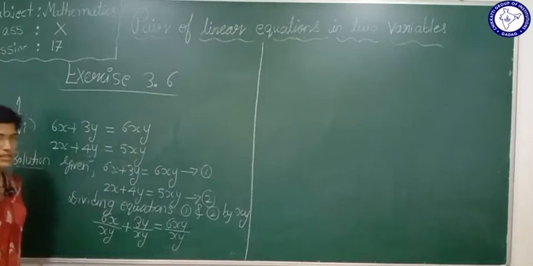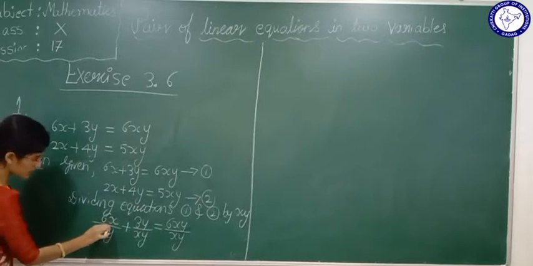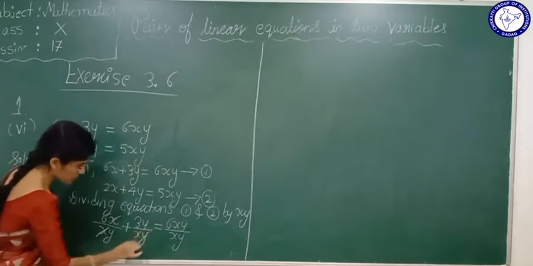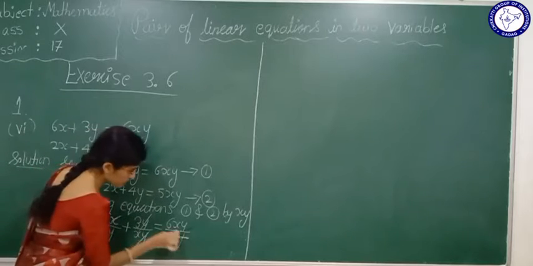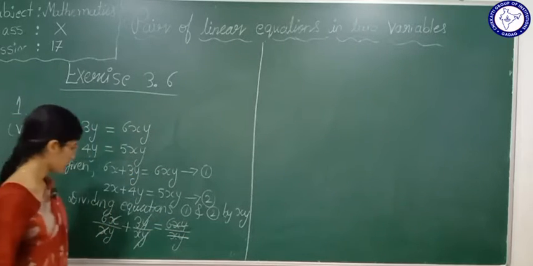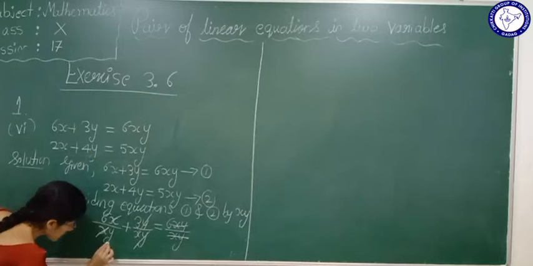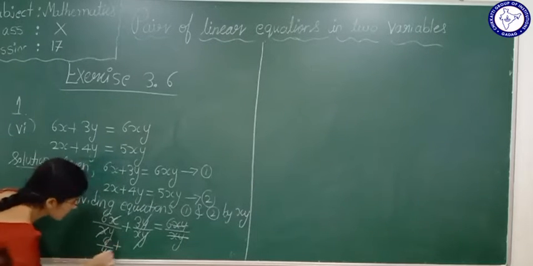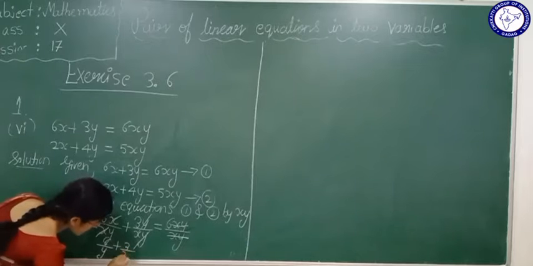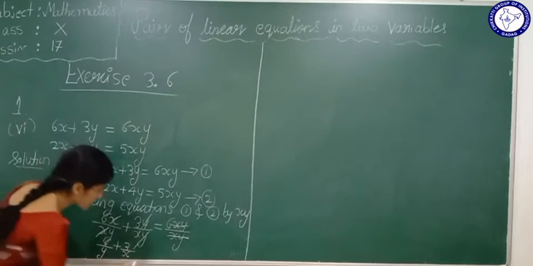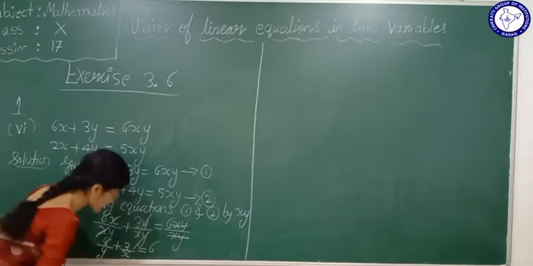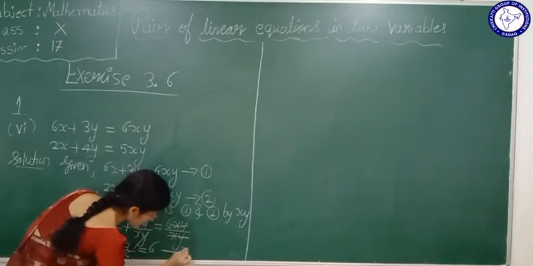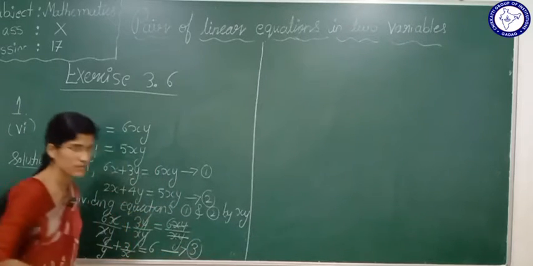Now tell me, students, divide and tell me. Here x gets cancelled, here y gets cancelled, here xy gets cancelled. What we got now is 6 divided by y plus 3 divided by x is equal to 6. Call this equation number 3.